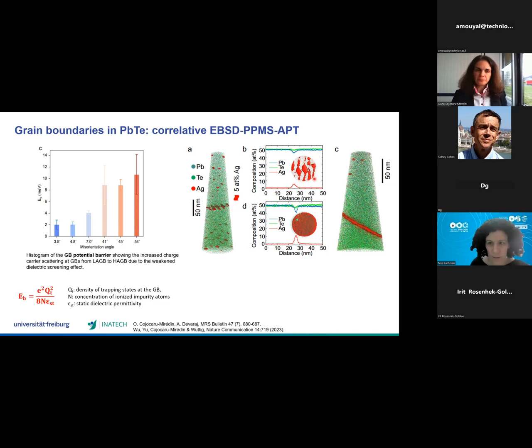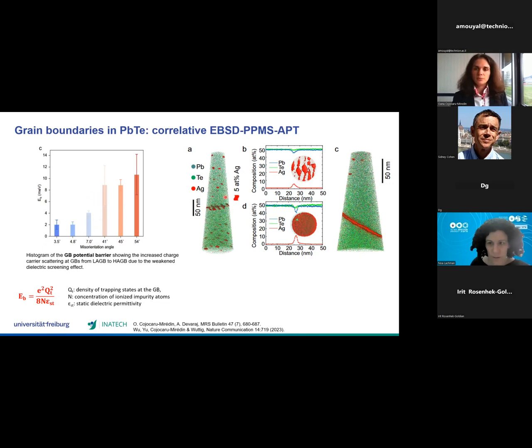And we know that when we have very low misorientation angles, it means that the dislocation cores are very far apart from each other. That means we have very small overlap or no overlap between the dislocation cores, and therefore the charge carrier can transport easily through the low angle grain boundary without being disturbed.